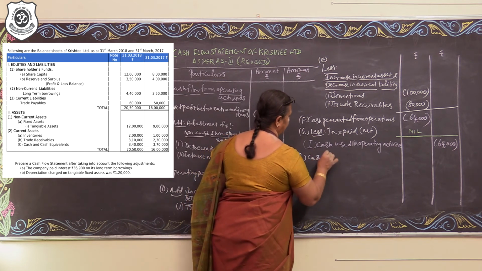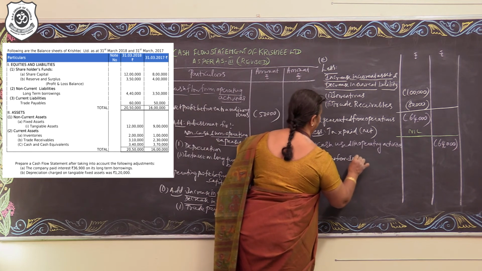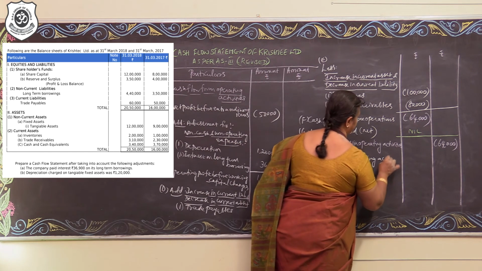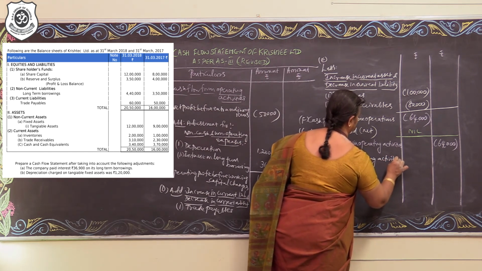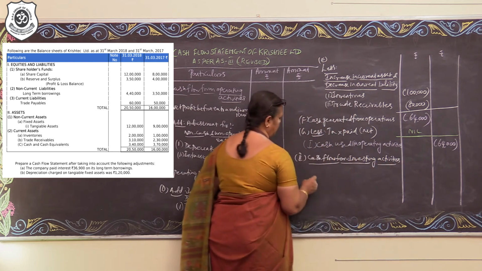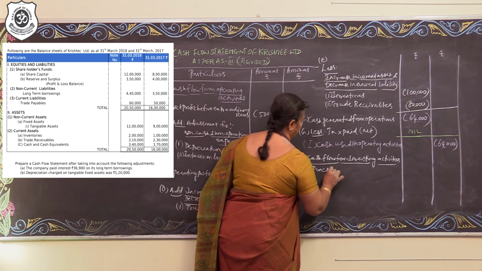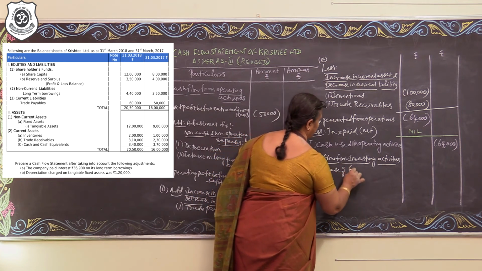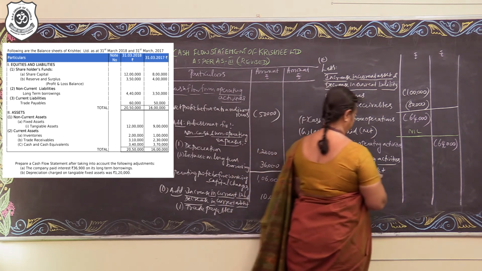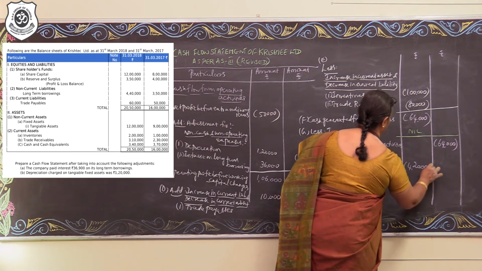cash flow from investing activities. Cash flow from investing activities, we have purchase of fixed asset, 4,20,000.